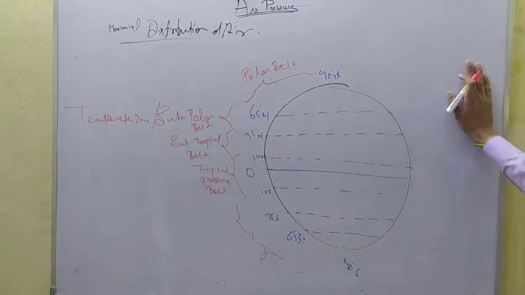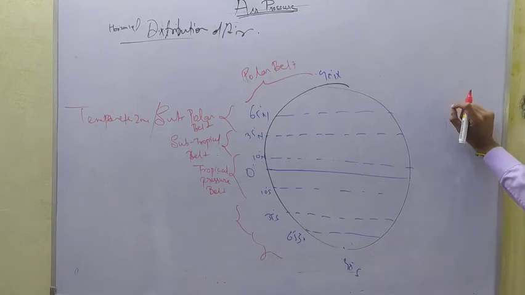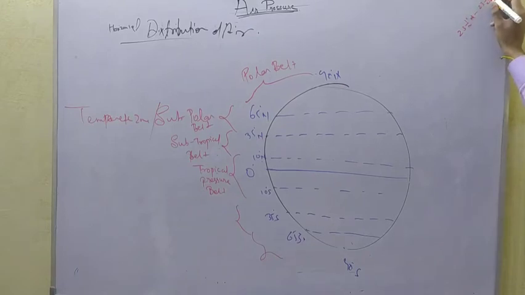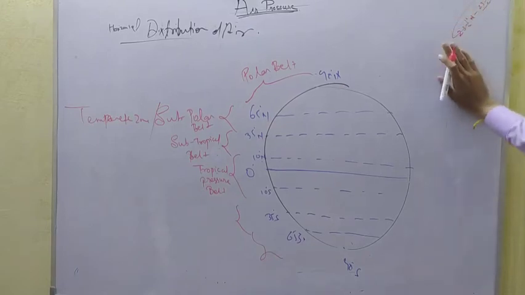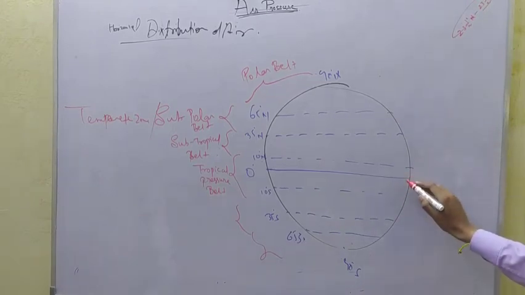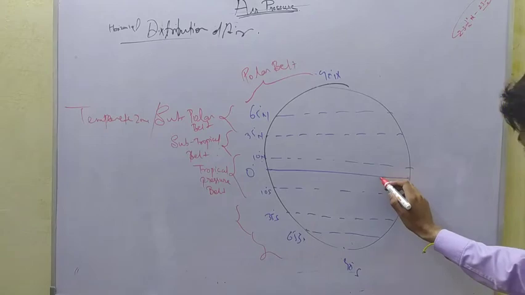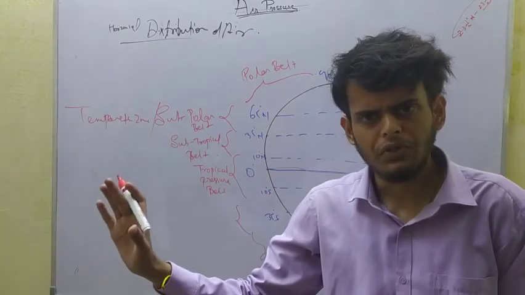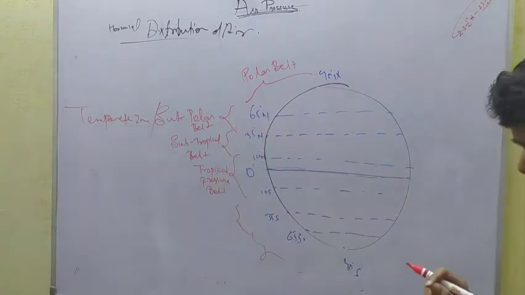Solar radiation is perpendicular throughout the year between 23 and a half degrees north and 23 and a half degrees south. So the equatorial region receives a very large amount of solar radiation.